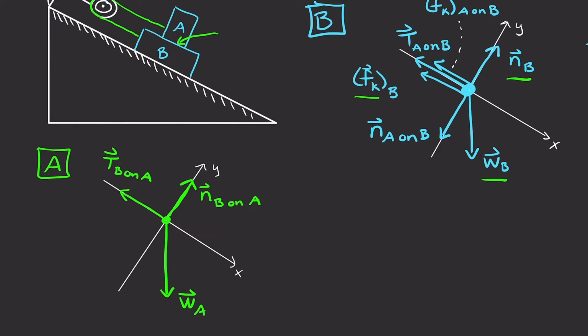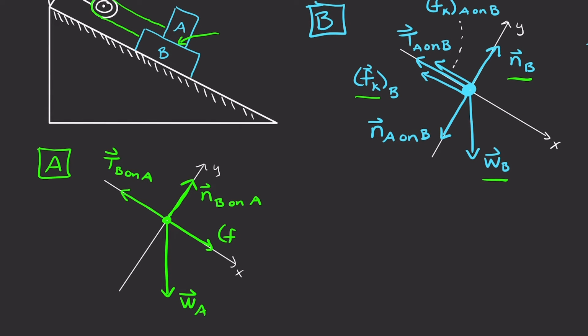But that's the same thing as if you hold B still and pull object A up the ramp, sliding across B. If A is sliding up object B, that must mean friction is down. So that's one way to look at this. Another way is you can just look at your action-reaction pairs, and you know it should be in the opposite direction. So this is B on A.